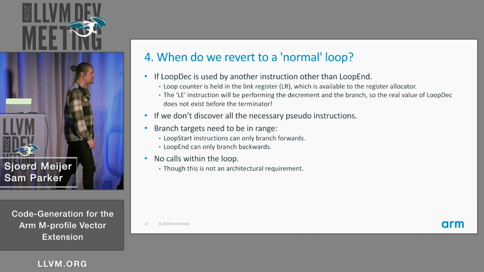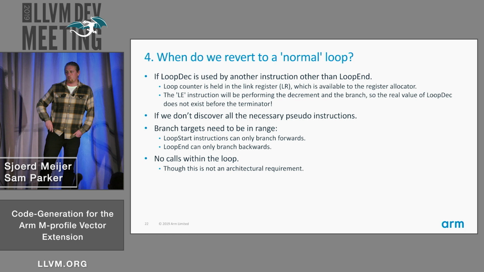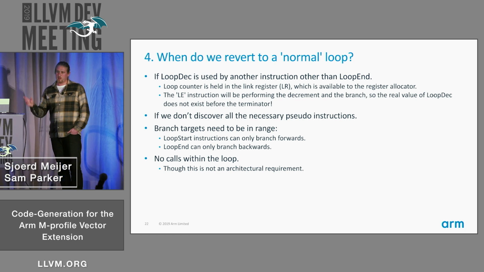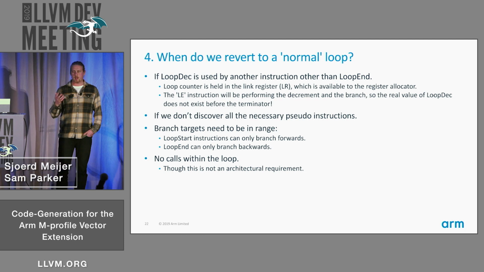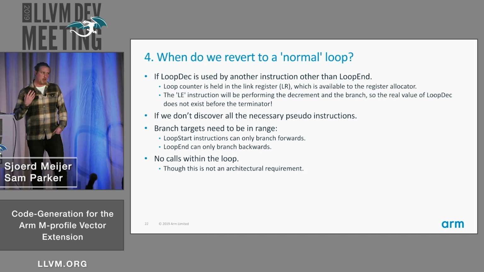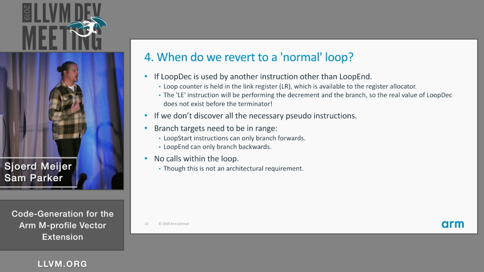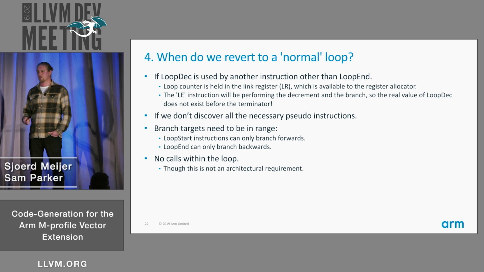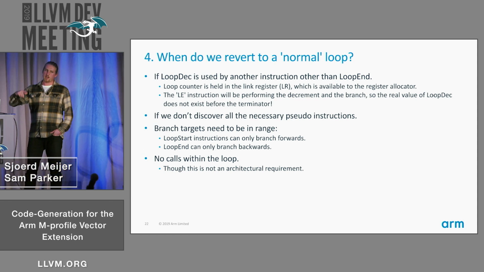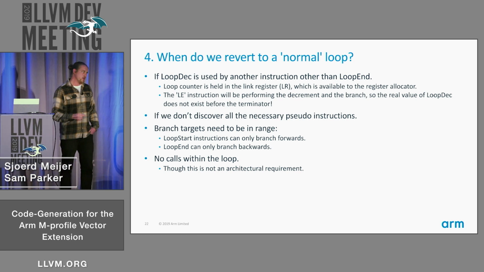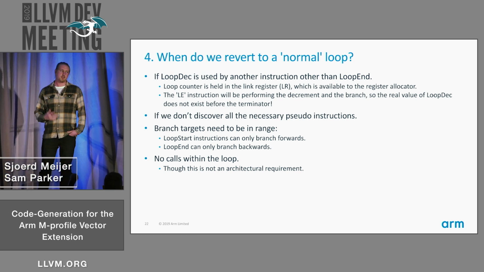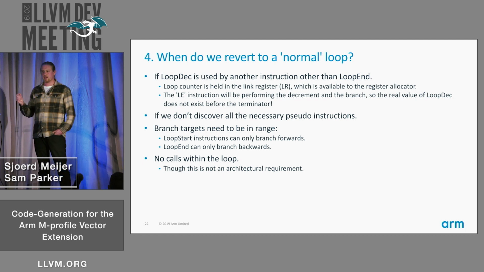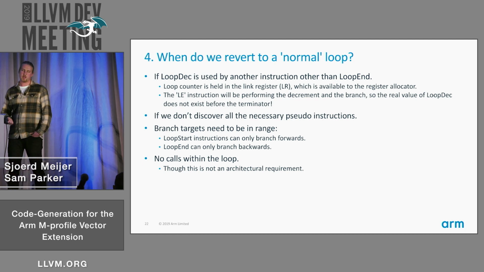So we said that sometimes we have to revert, and when does this happen? I said we have two instructions for this decrement counter, and really when we have real code gen, this is only one instruction. It's also the terminator of the block. So our loop end instruction performs the decrement and it performs the branch. In machine IR, if anything is using our loop dec value other than loop end, we're going to have broken code because that value does not exist until after the terminator.